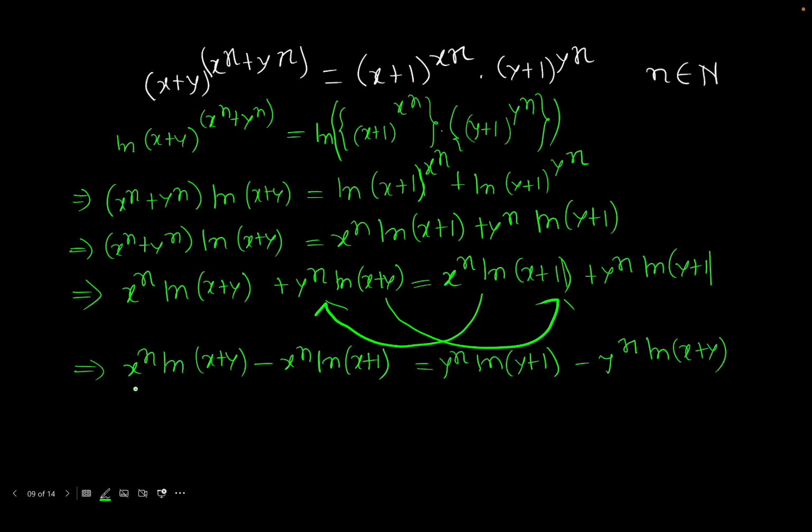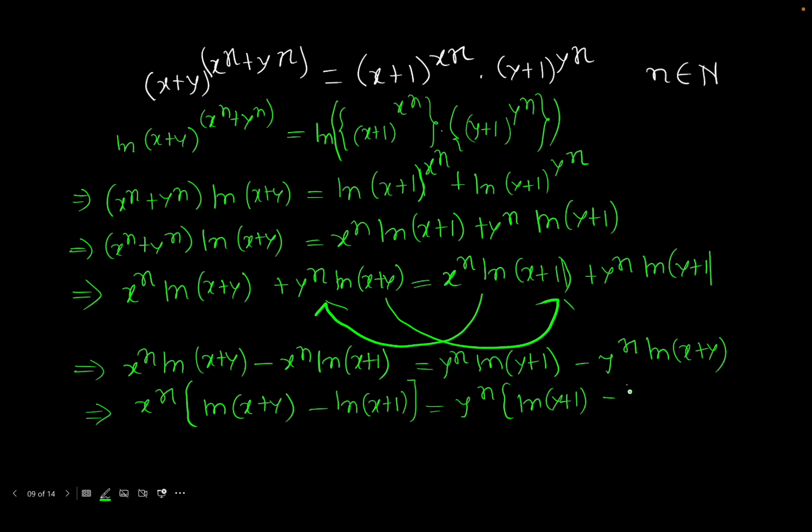Now we will take x to the power n common, so it will be x to the power n times ln x plus y minus ln x plus 1, and y to the power n times ln y plus 1 minus ln x plus y.